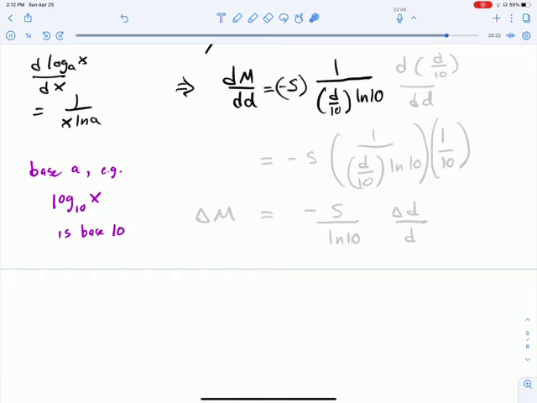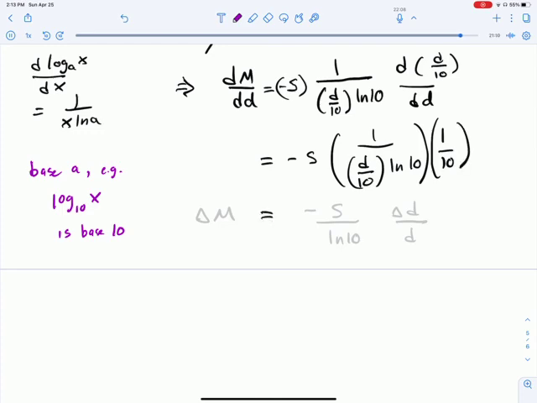So I need the derivative of d over 10 by dd. So ultimately this is giving us minus 5 times 1 over d over 10 times ln 10. And then the derivative of d over 10 is 1/10. So times 1 over 10.